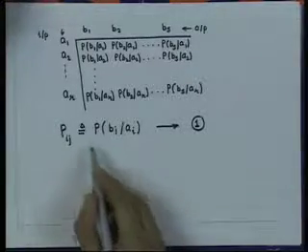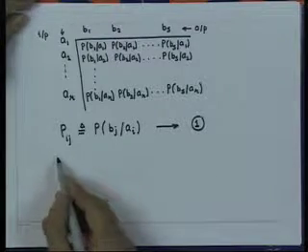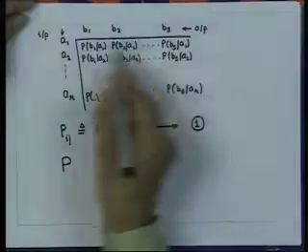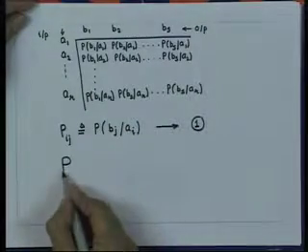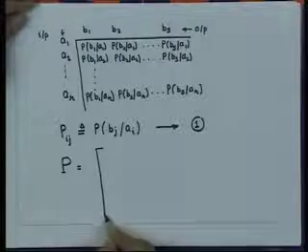So, if we use this notation, then we can write the description shown here in a concise matrix form as follows.